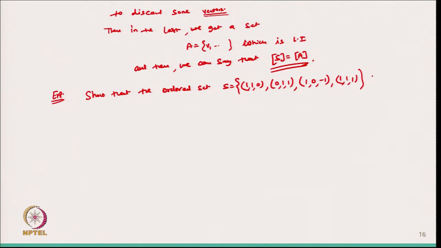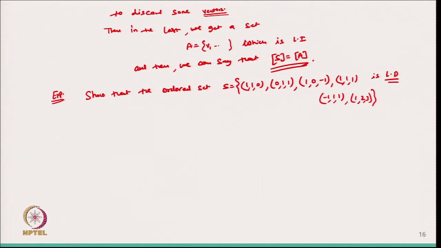I want to show that this set is LD, or maybe I can put 2 more elements, maybe (minus 1, 1, 1) and maybe (1, 2, 3), like this one. Suppose I take 6 vectors and I want to check whether they are LD or not.